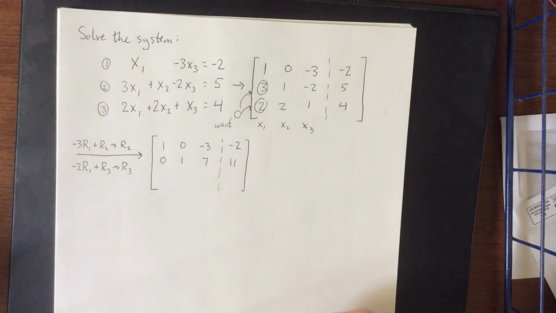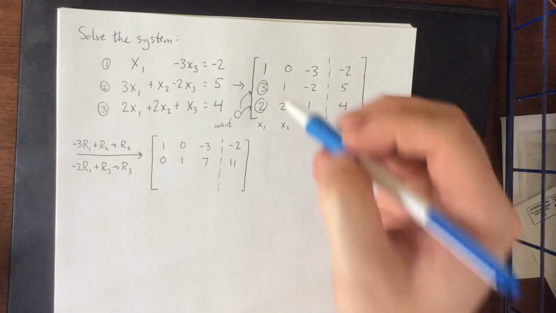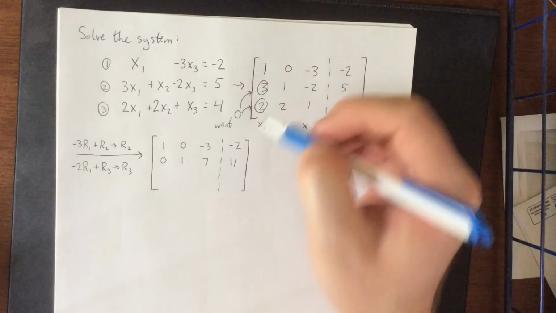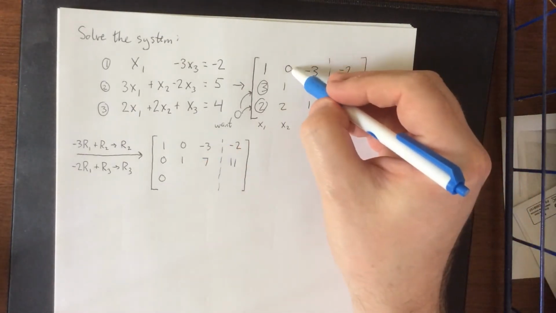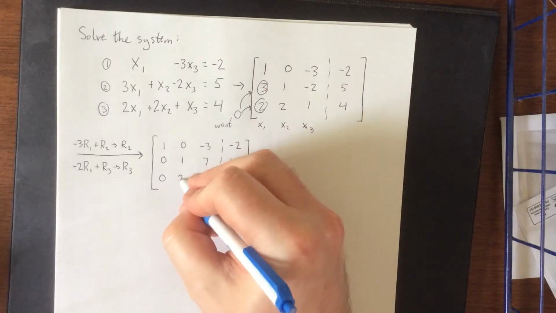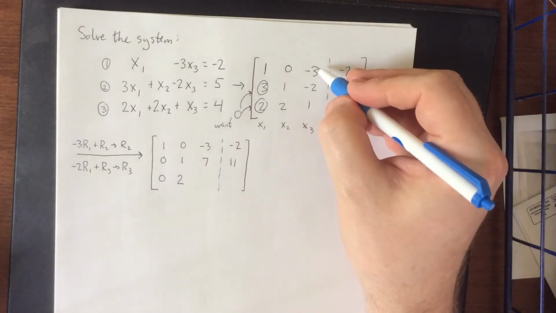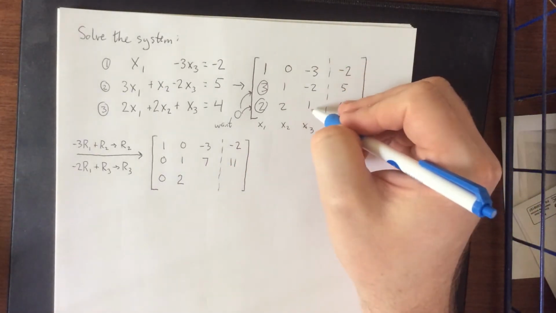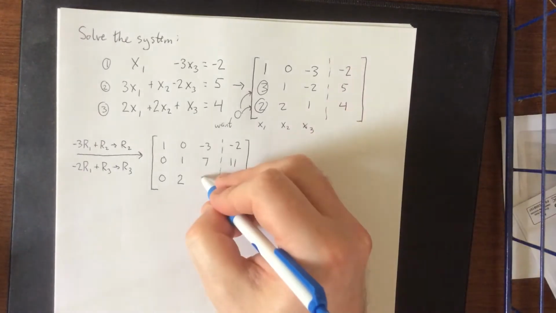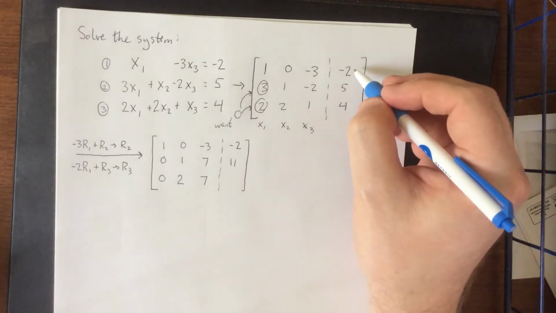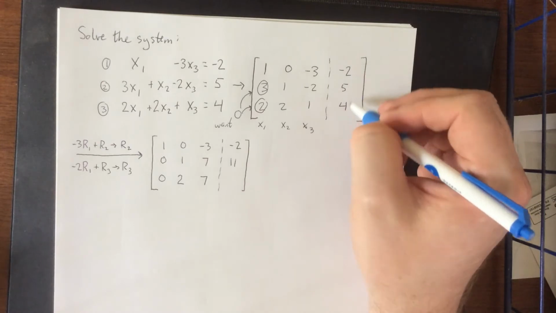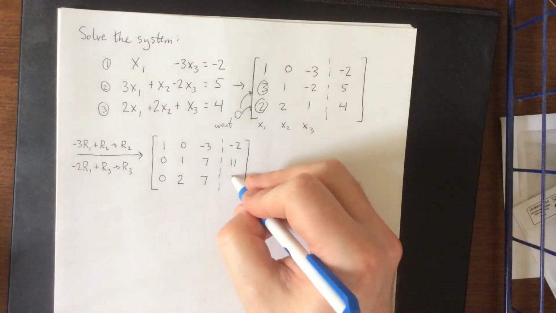Similar thing for the third row. Now we'll do negative 2 times the first row. So negative 2 times 1, add to 2, we'll get the 0 that we wanted. We'll do negative 2 times 0, add to 2. Negative 2 times negative 3, and add to 1. That'll be positive 6 plus 1. And finally, negative 2 times negative 2, which is 4, add to 4, and we get 8.